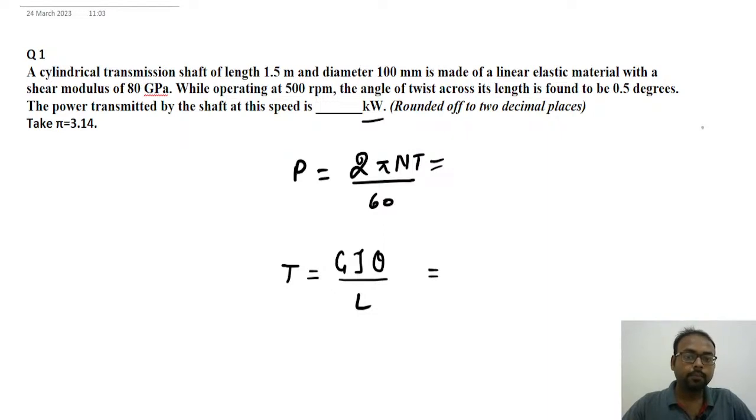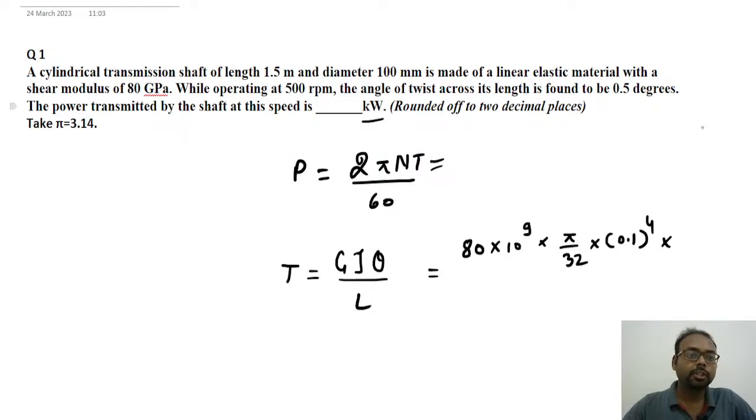So we have given here the G value, that is 80 into 10 to power 9. Why 10 to power 9? Because we are converting the gigapascal into Newton per meter square, multiplied by pi by 32 into diameter to power 4. The diameter is 100 mm, so this will be 0.1 to power 4, into theta.